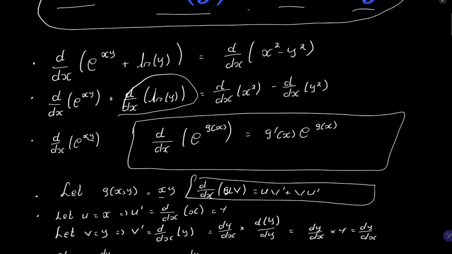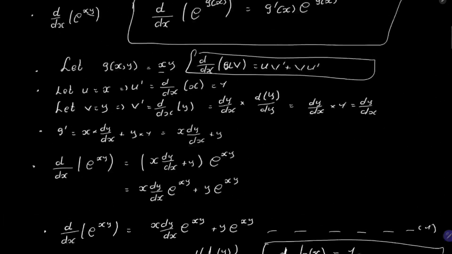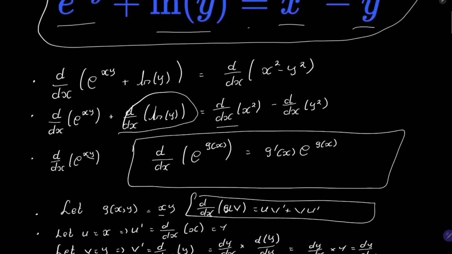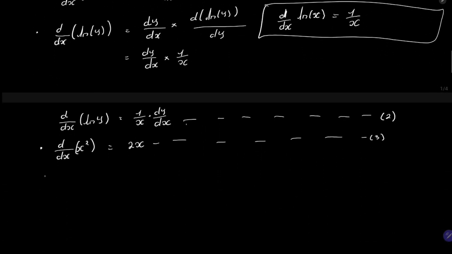So let's move on to our third term. What does it ask us to do? Our third term: the derivative with respect to x of x squared. That one is simple since it's not in terms of y. Derivative with respect to x of x squared, applying the power rule directly, gives us 2x. Let's move on to our fourth term, which tells us to differentiate with respect to x the term y squared.